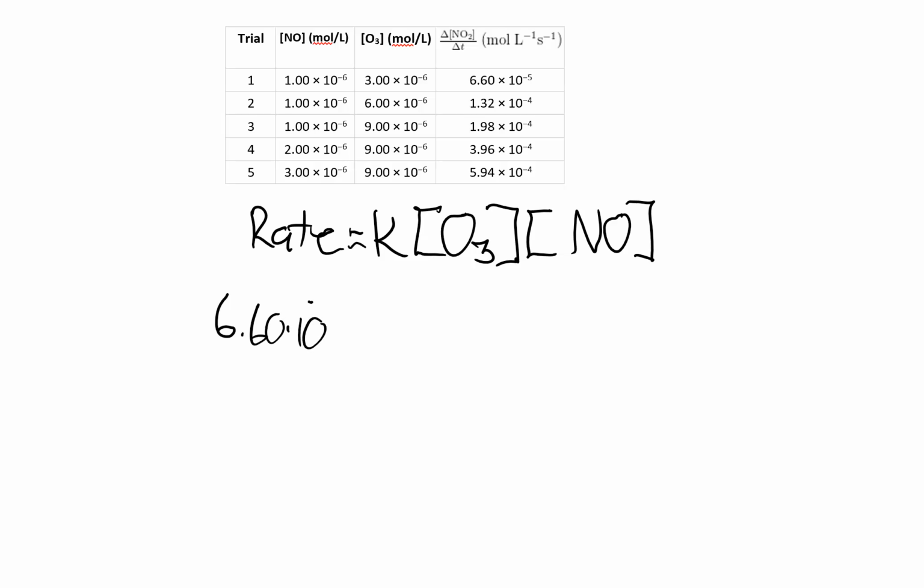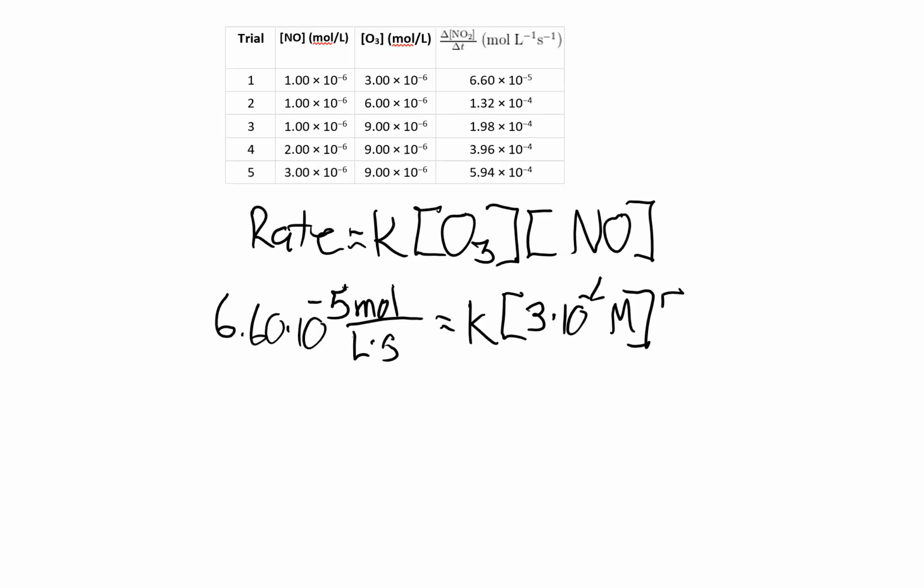6.60 times 10 to the minus 5th, and that's equal to moles per liter times second, equals the rate constant K times ozone, which is 3 times 10 to the minus 6 molar, times 1 times 10 to the minus 6 molar.